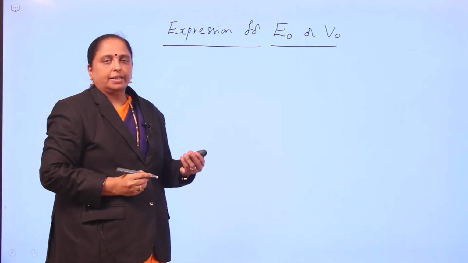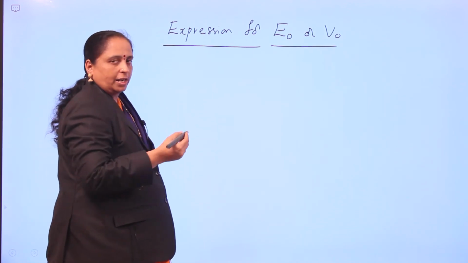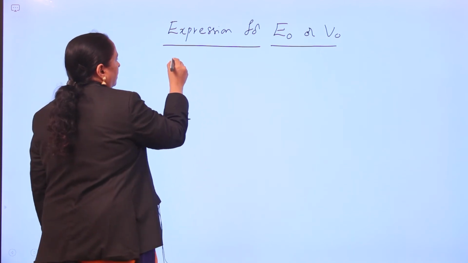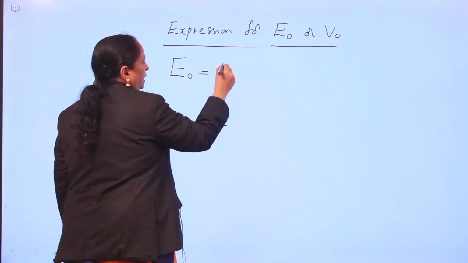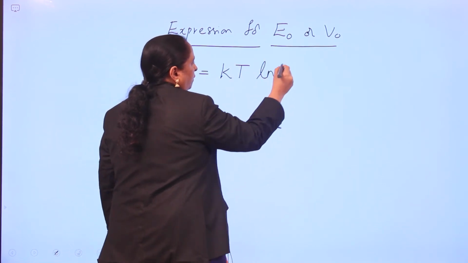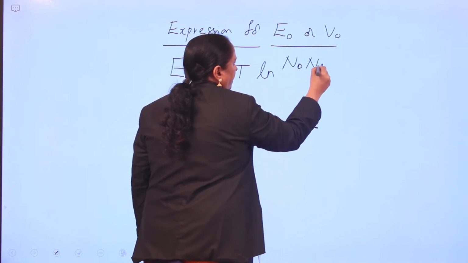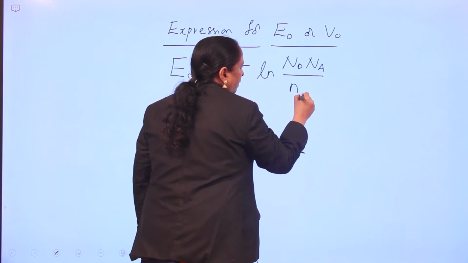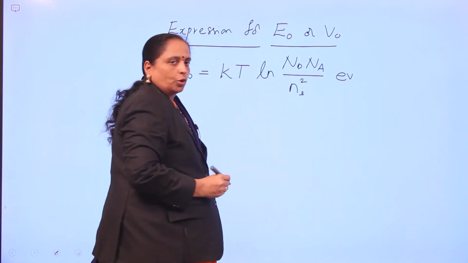Here, let us see the expression for barrier voltage or barrier potential. First of all, E naught is equal to KT ln of ND NA by Ni square electron volts.